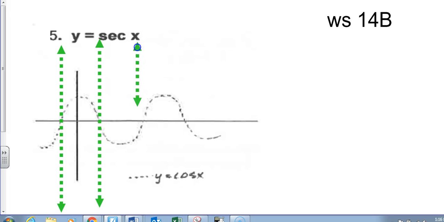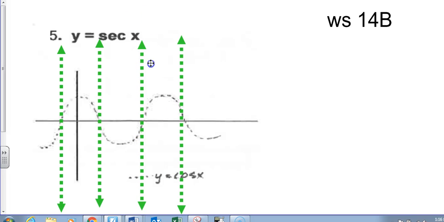What's the name of the one that's dotted? Yes, if I'm doing secant, the dotted one, the reciprocal function is the cosine, sorry. So here's 1 period of the cosine. Everybody see that? So this is 2 pi. So where are those asymptotes at?